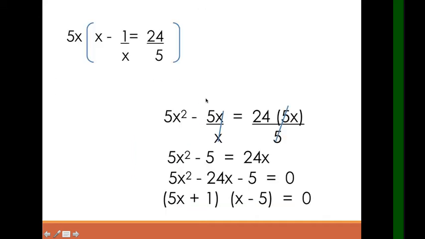Okay? So, for the solution, since it is a rational algebraic equation, it has a denominator involving x. So, paano ba kumuha ng LCD ng x and 5? To get the LCD of the x and 5, just simply multiply the two. We have 5 times x. Or, should I say, get the highest number? What is the highest number here?